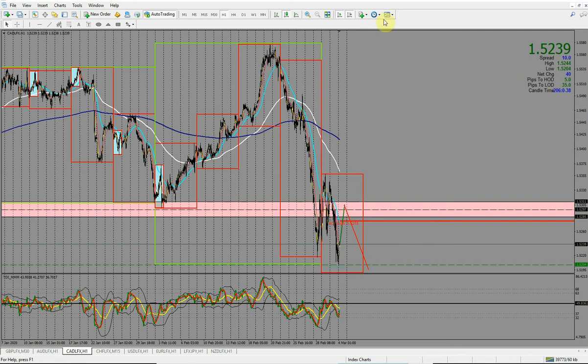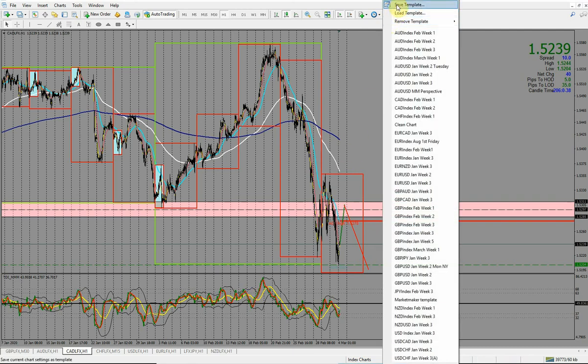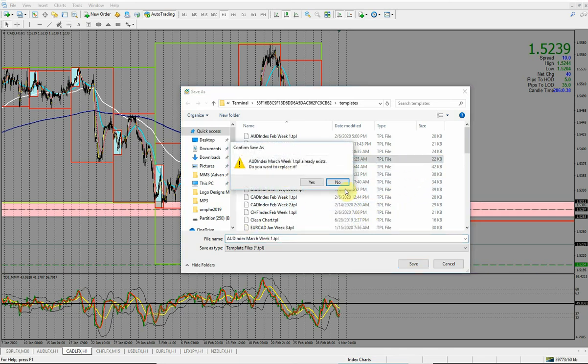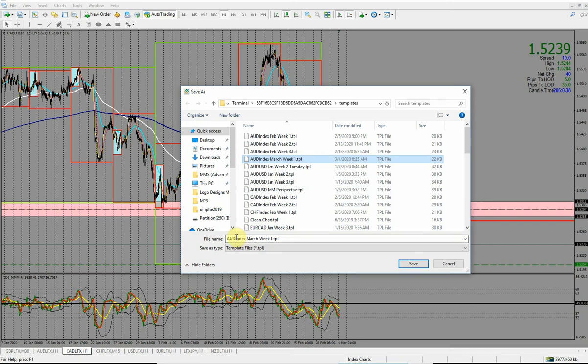I think this is pretty much it with the Canadian dollar. Let me just save it as well. This is the Canadian dollar index.